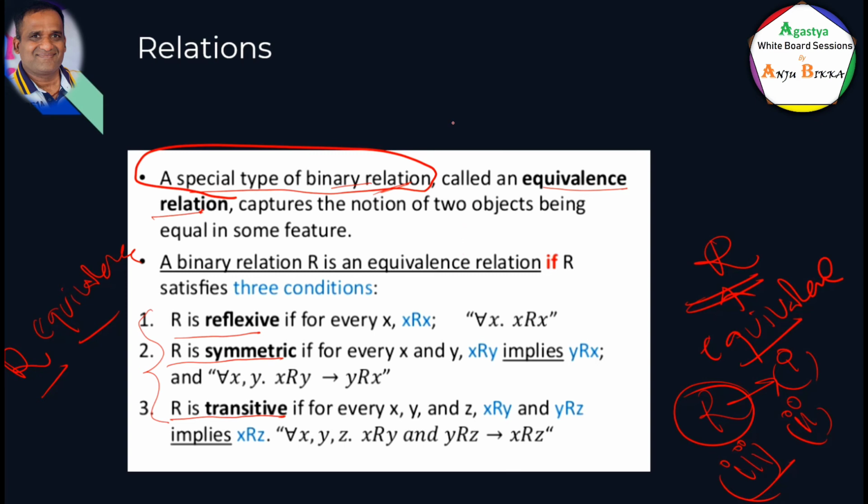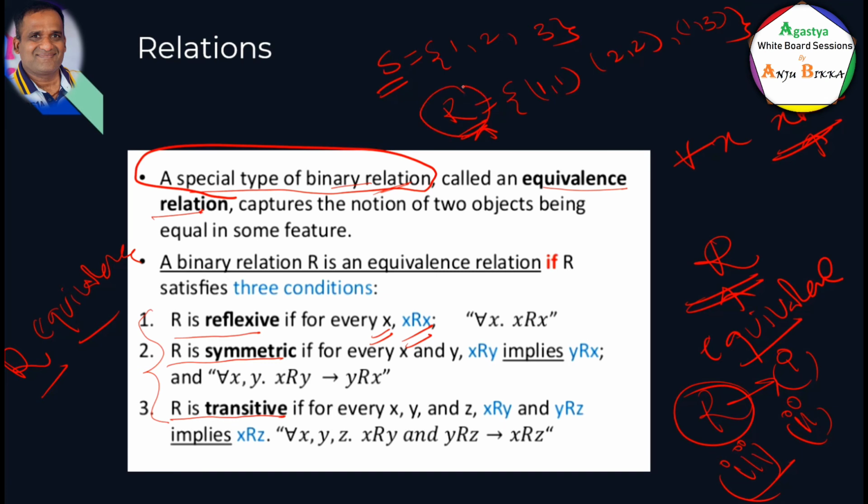What is reflexive? For every x, xRx. What is the meaning of that? Now we have a set S = {1, 2, 3} and a relation R = {(1,1), (2,2), (1,3)}.